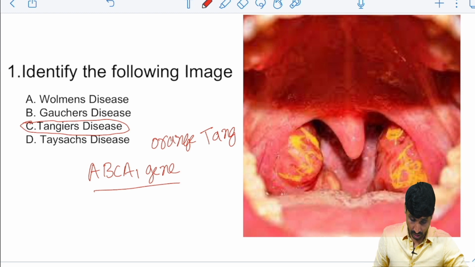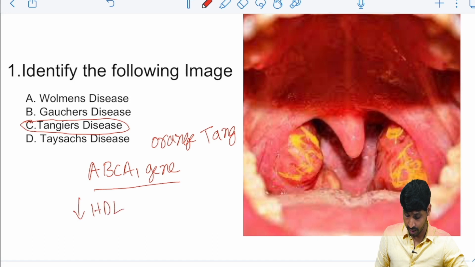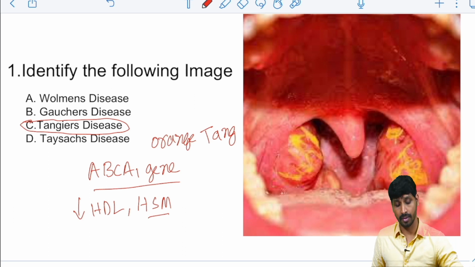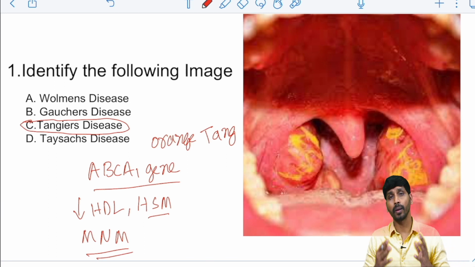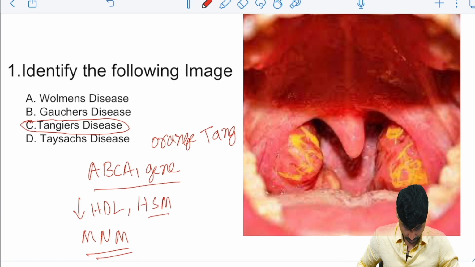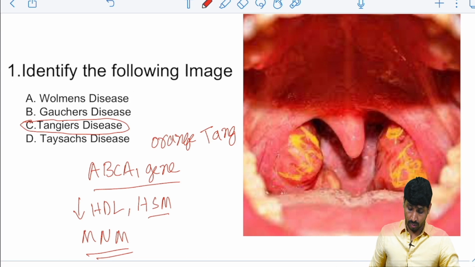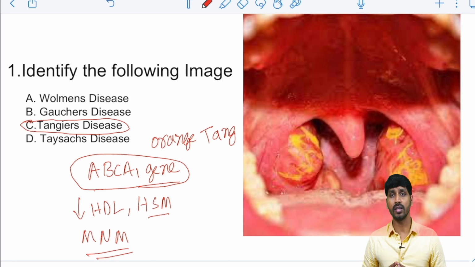Other features of Tangier's disease are a decrease in HDL concentration, hepatosplenomegaly, and mononeuritis multiplex, which is also one of the prominent features. So remember, mutation in the ABCA1 gene causes Tangier's disease, with orange tonsils.